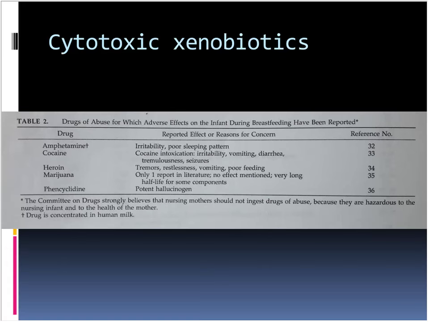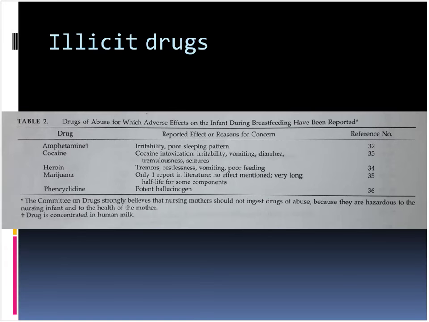Not too surprising, the AAP also said in their publication that all drugs of abuse should be avoided when breastfeeding. Though they listed 5 in particular, all of which were associated with either a known effect or concerns about an effect.